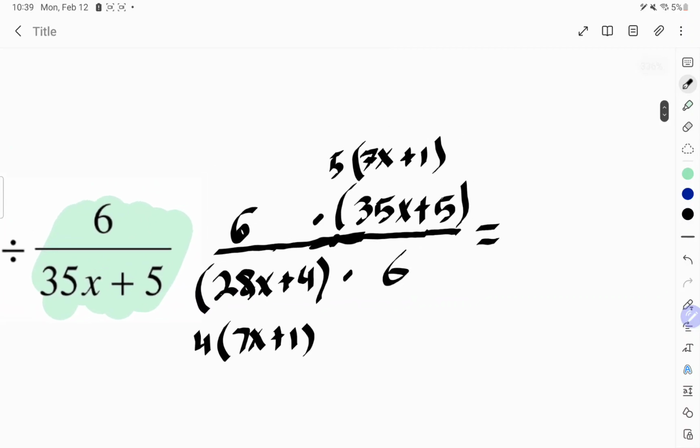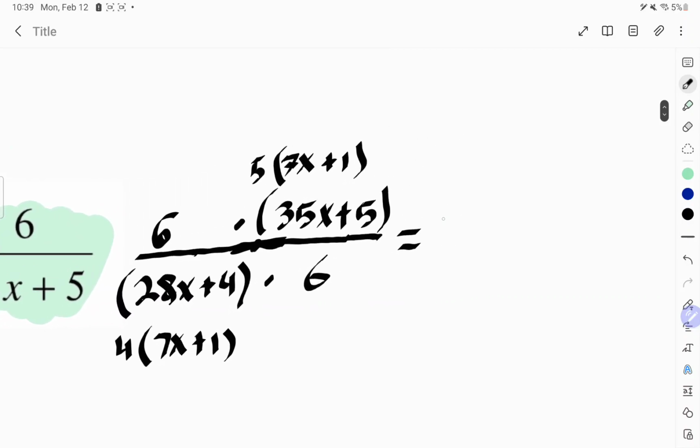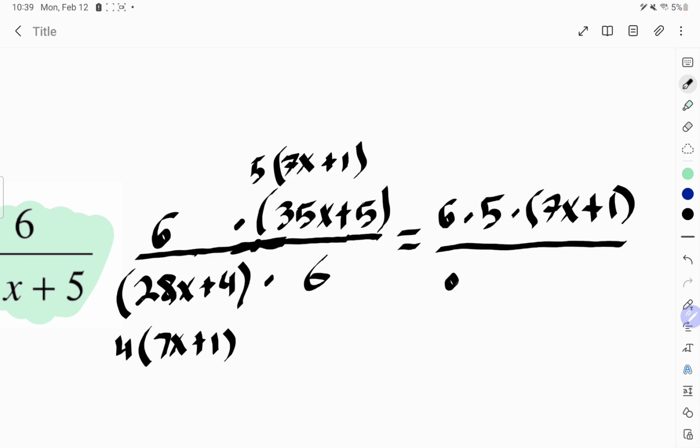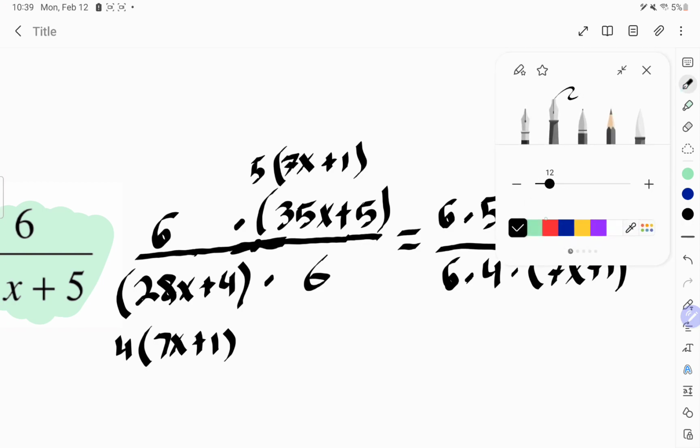Now at this point, I'm just going to rewrite my problem. So it's going to be 6 times 5 times 7x plus 1. Now on the bottom, it's going to be the same thing: 6 times 4 times 7x plus 1. We're going to see what we can cancel out.